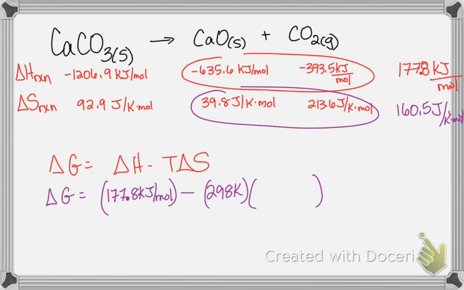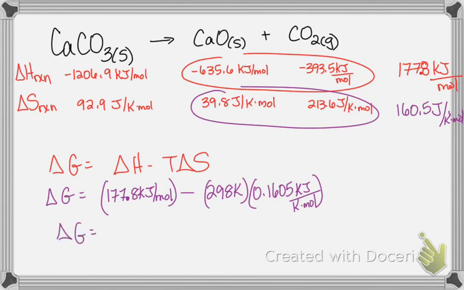And what do we have to put in for S? Because we're going to take a number that's kilojoules per mole, and we've got to subtract a number that has the joule unit, but it's got to be the kilojoules. So here's where I'm talking, you have to watch those units. So that's going to be 0.1605 kilojoules per Kelvin times mole.